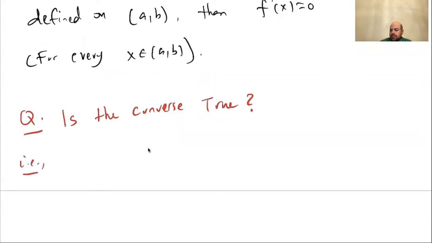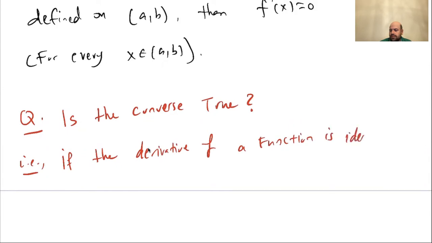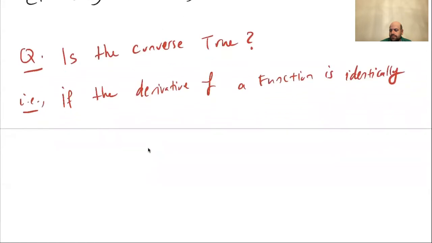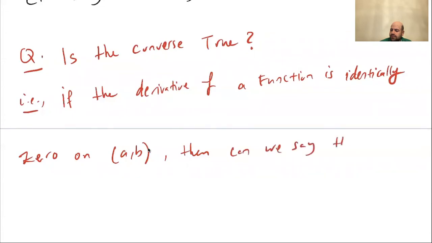Meaning that if the derivative of a function is identically 0 on some interval a to b, then can we conclude, can we say that f of x is a constant function on that interval?